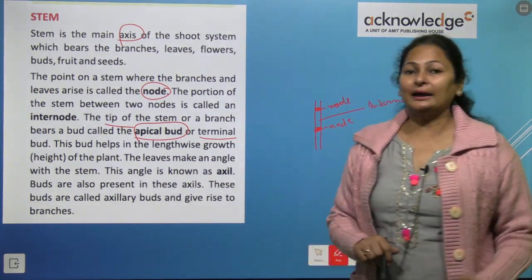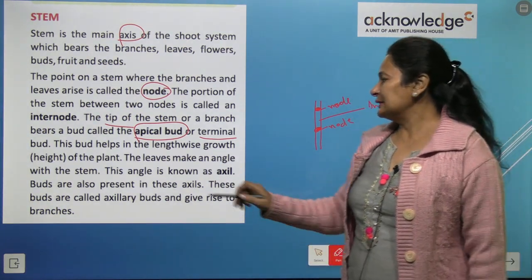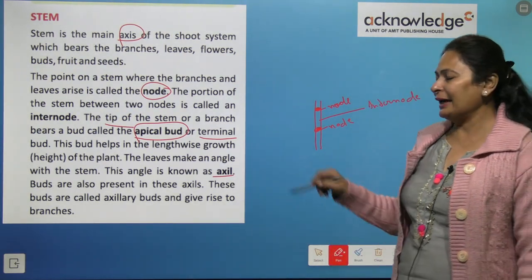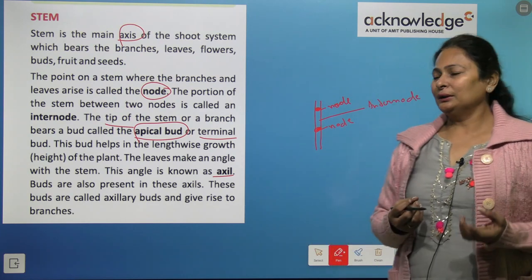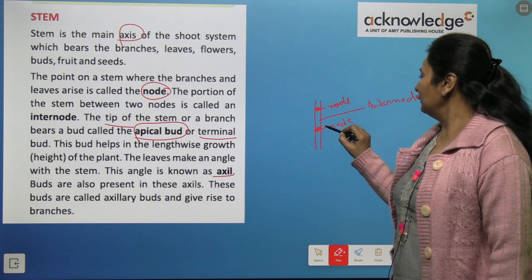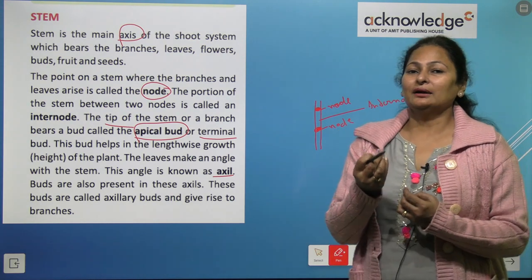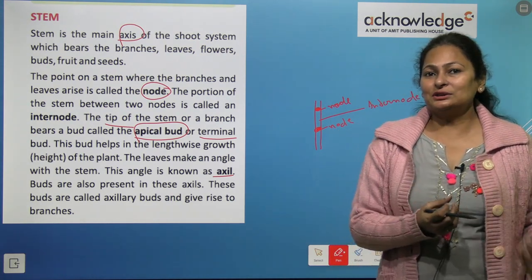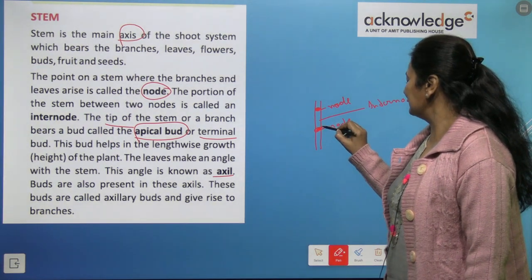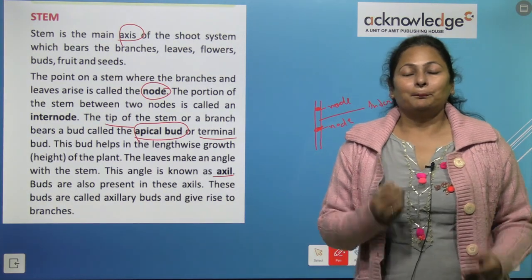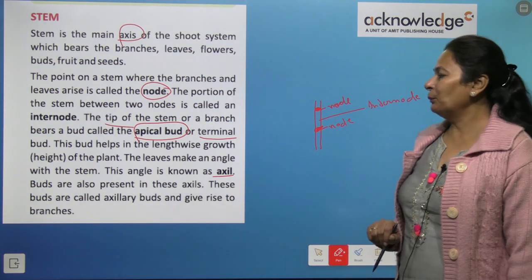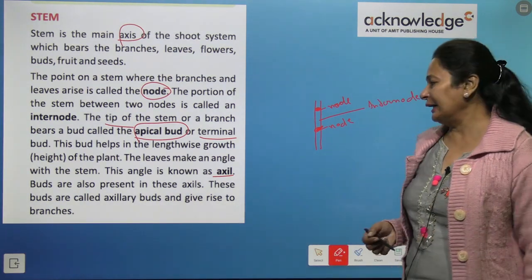The leaves make an angle with the stem, and this angle is called axil. This is there in the picture. This picture is given in your book, kids. So the branches grow from nodes, right? And just near the node there is a bud, and you will call it axillary bud, as it is also present in these axils.